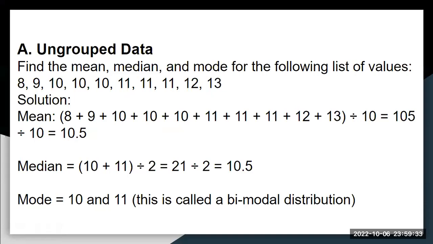Okay, so questions? So that's how you find the mean, median, and mode for ungrouped data. Arrange first the values from the lowest to the highest value, and for the mean, just add all the given data and divide by n, or the number of data.